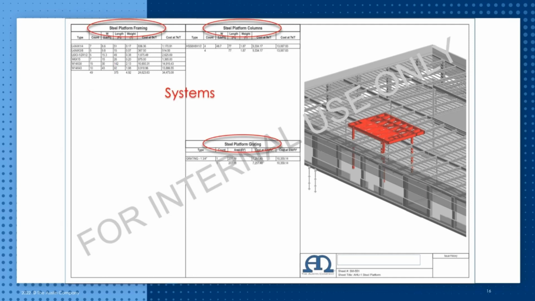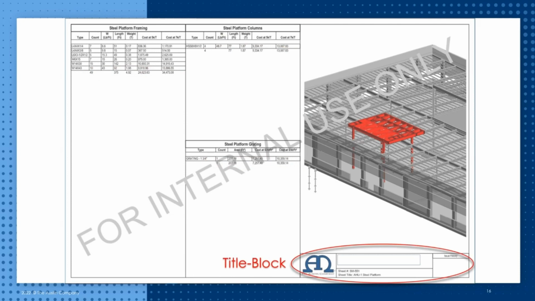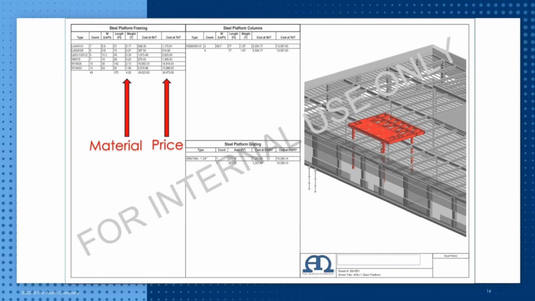A splitting of the elements of the platform, which were carefully organized by the BIM team during modeling, in this case as beam framing, columns, and grading. There's a line item of totals, a title block indicating project info, and finally, a summary of price per unit assumptions, as well as line item estimated prices.